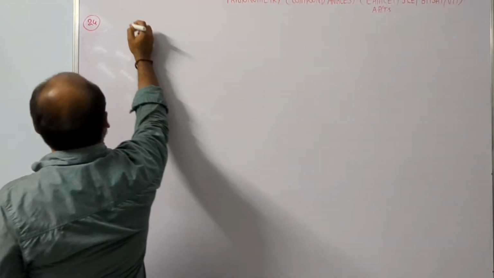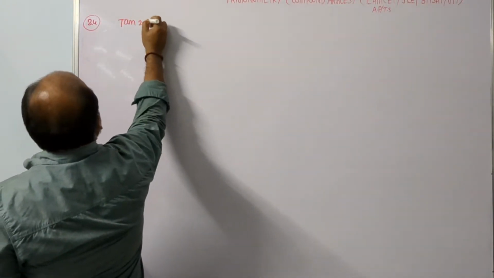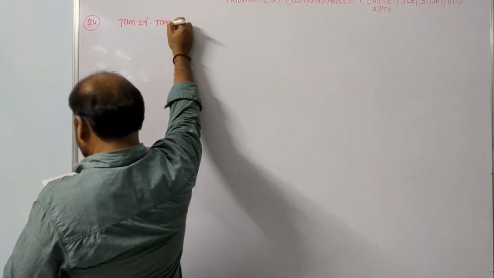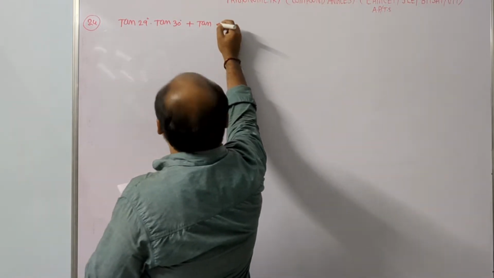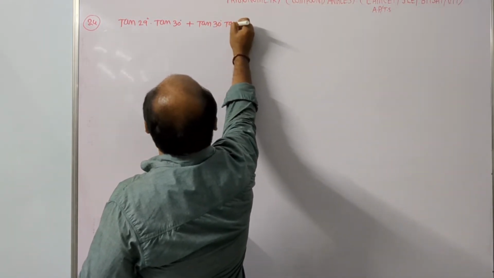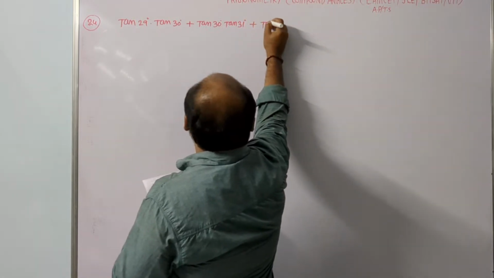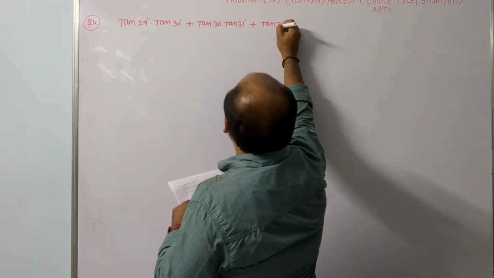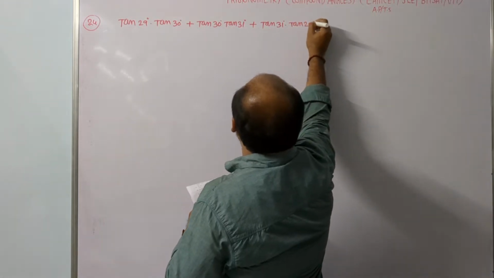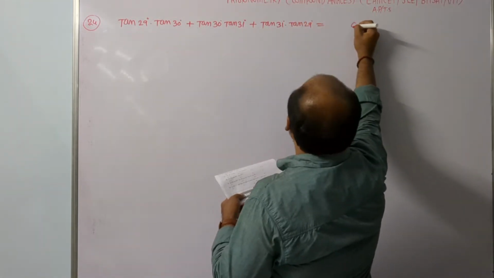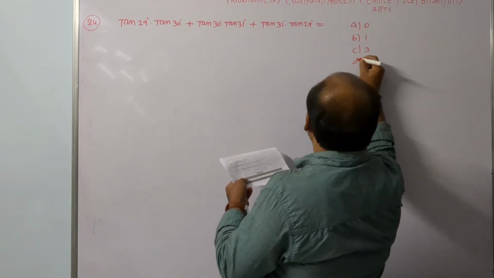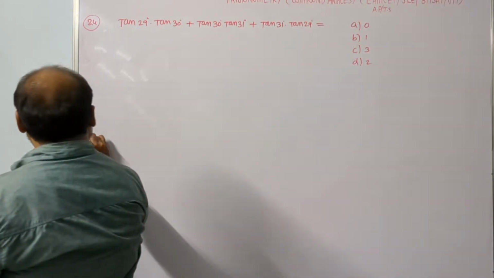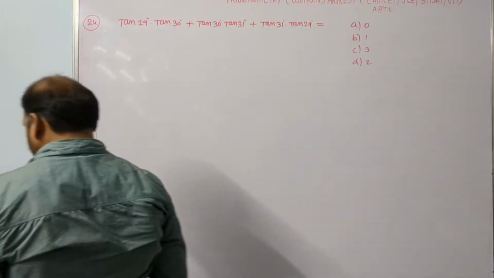Question number 24. Tan 29 degrees into tan 30 degrees plus tan 30 degrees into tan 31 degrees plus tan 31 degrees into tan 29 degrees is equal to, options 0, 1, 3, 2. Question number 25.